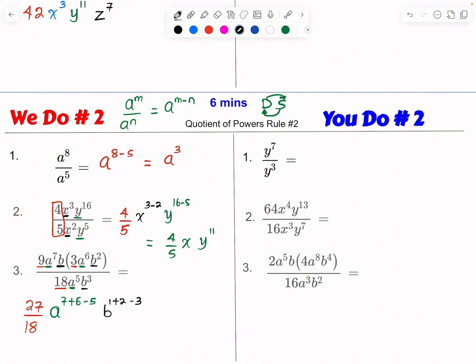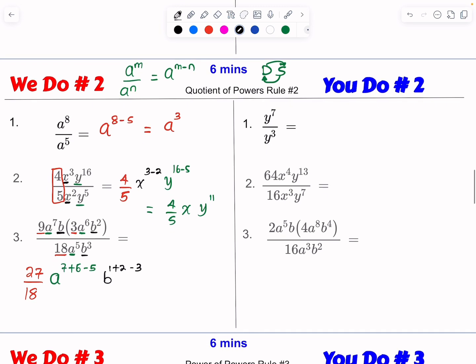And then let's simplify everything that I know. If you simplify 27 divided by 18, that one should give me 3 over 2. So that one should give us 3 over 2 to the lowest term. And then I know that this one is going to give me 7 plus 6 minus 5.